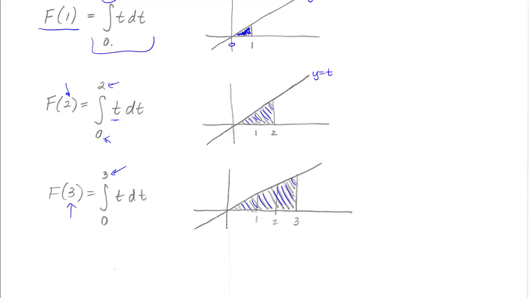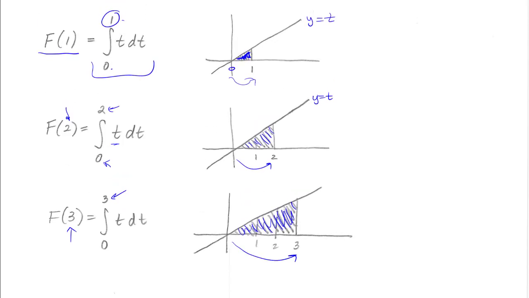So you see that with each increment, we're adding more and more area from under the curve. So we started going 0 to 1, then we went 0 to 2, and 0 to 3, and we kept basically adding on area.